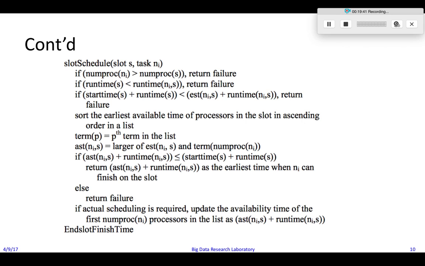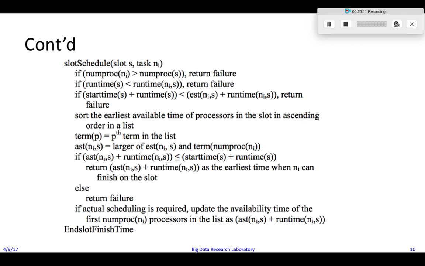Then we need to sort the earliest available time for the processors in this slot. And then we need to calculate the actual start time for the task in this slot, which is the larger one of the earliest start time of this task and the available time for the processors.